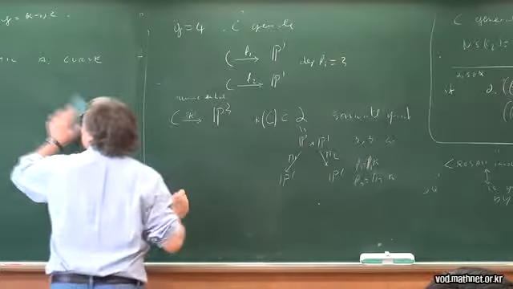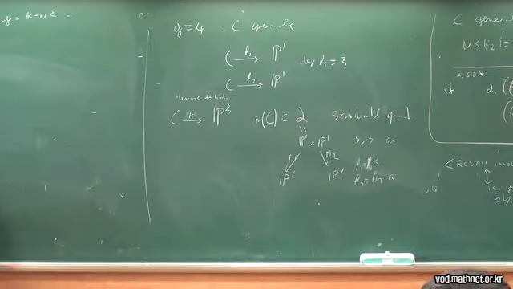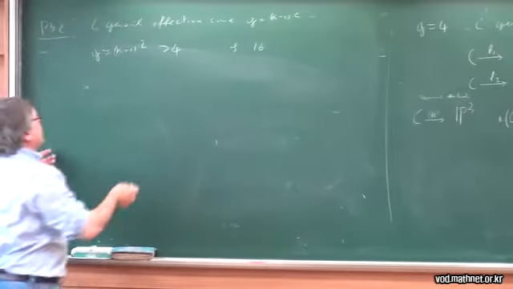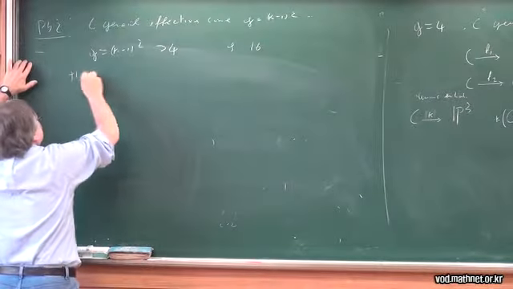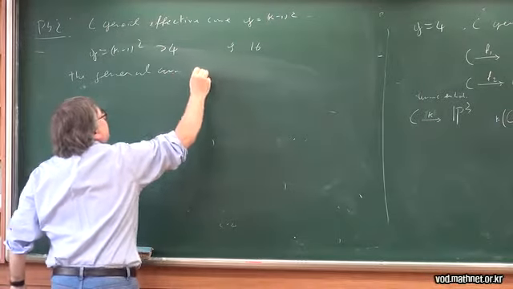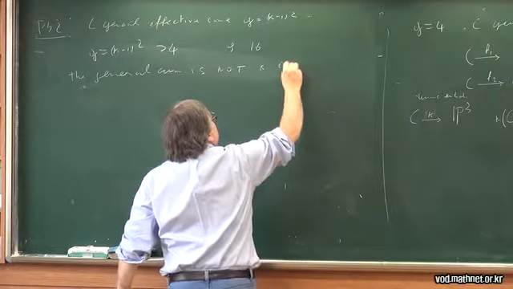But when we take now the genus a square, but bigger than 4, so 9, 16, and so on, the general curve is not k-gonal.